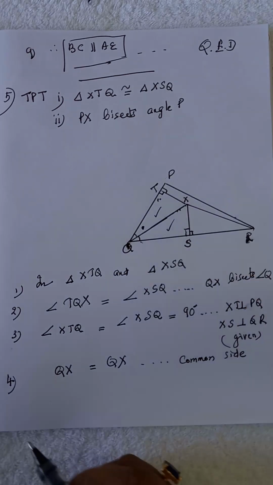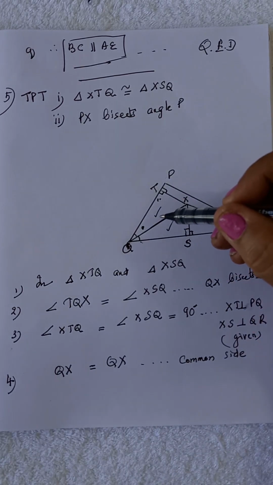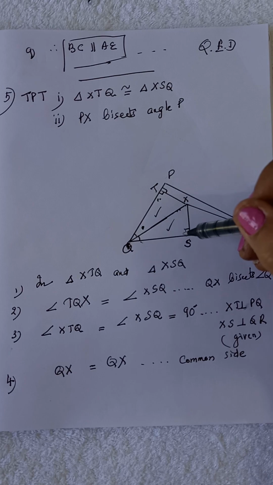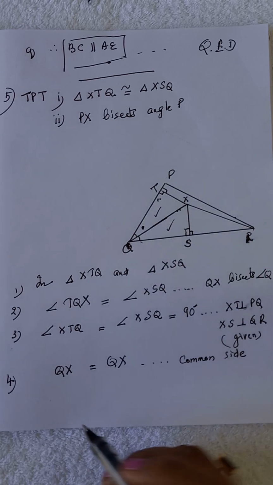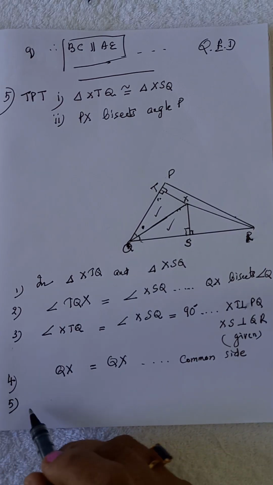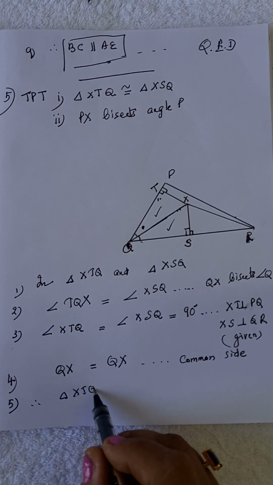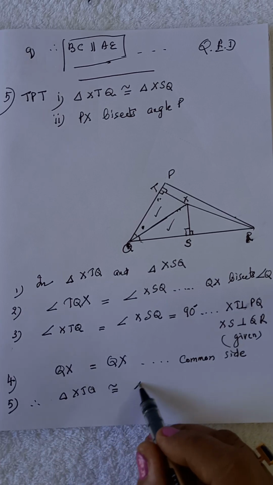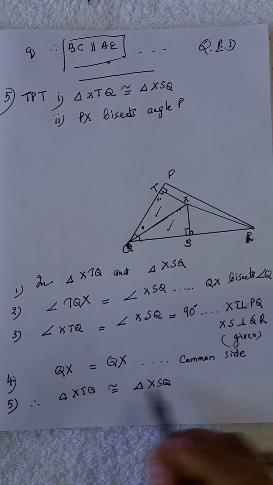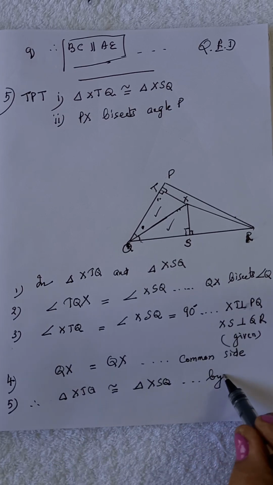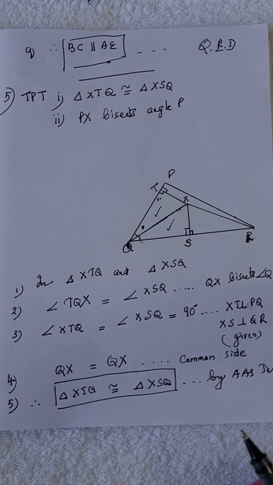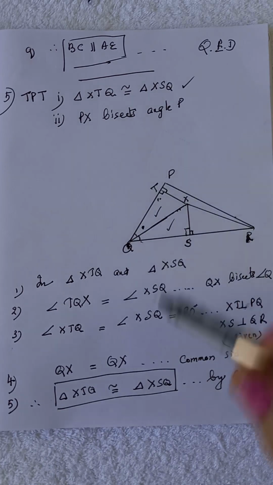So we can say that triangle XTQ is congruent to triangle XSQ by what test? By AAS test. So we can write as fifth point, therefore triangle XTQ is congruent to triangle XSQ by AAS test. So the first part of the answer is okay.